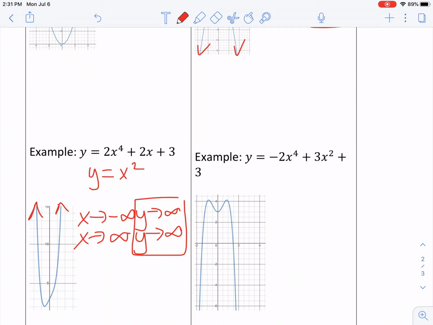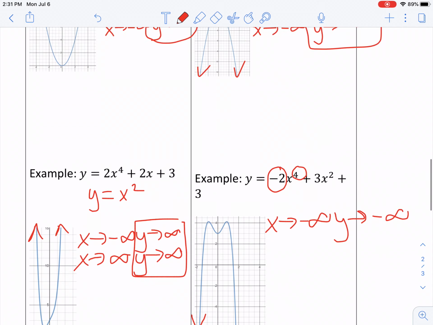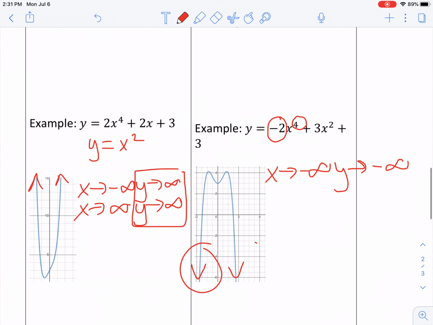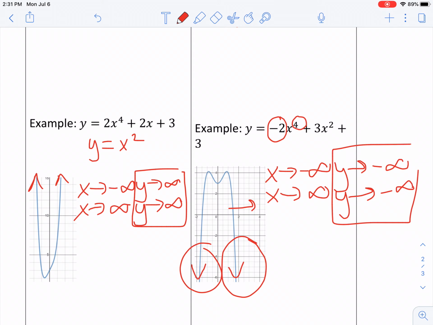End behaviors match, and the arrows are pointing in the positive direction. In the example where you have a negative leading coefficient in an even degree, as x goes to negative infinity, y is going off to negative infinity. And as x goes to positive infinity, y is going to negative infinity. So again, these behaviors are matching.